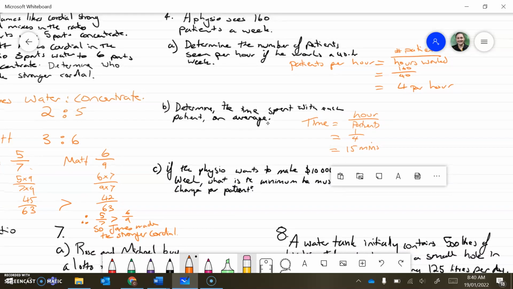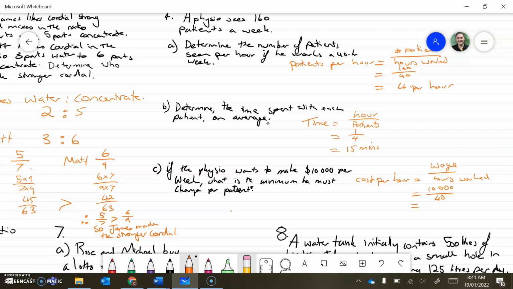If he wants to make $10,000 per week, what's the minimum he must charge? So cost per hour is wage over hours worked. So he wants to earn $10,000 in 40 hours.